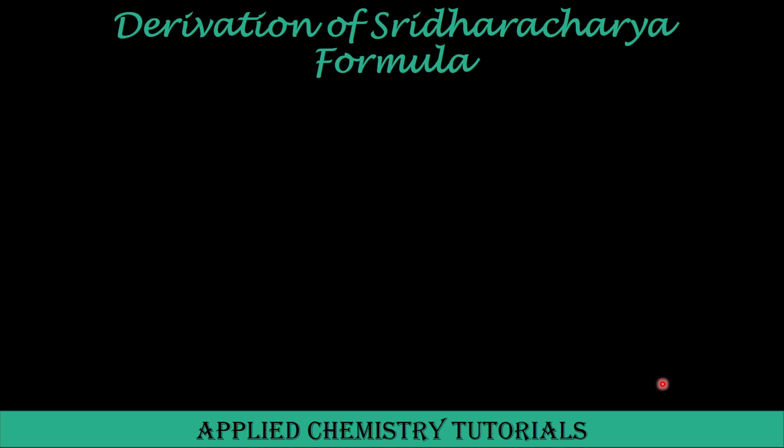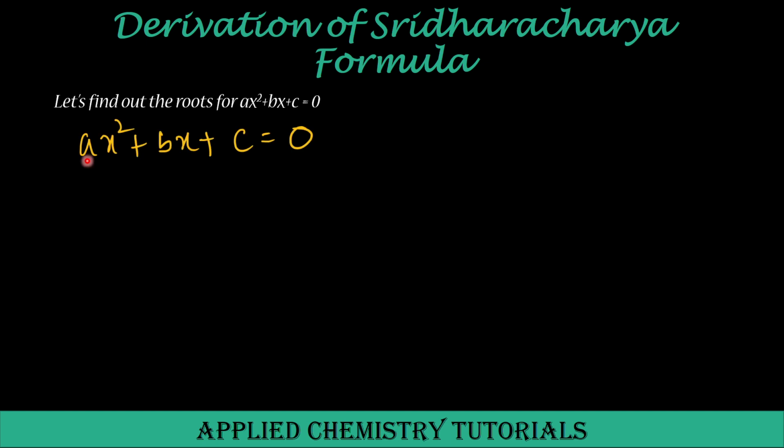Now let us discuss the derivation of Sridharacharya formula. Let's find out the roots for ax² + bx + c = 0, as we are discussing in our last few slides. So from the problem statement, we have ax² + bx + c = 0.